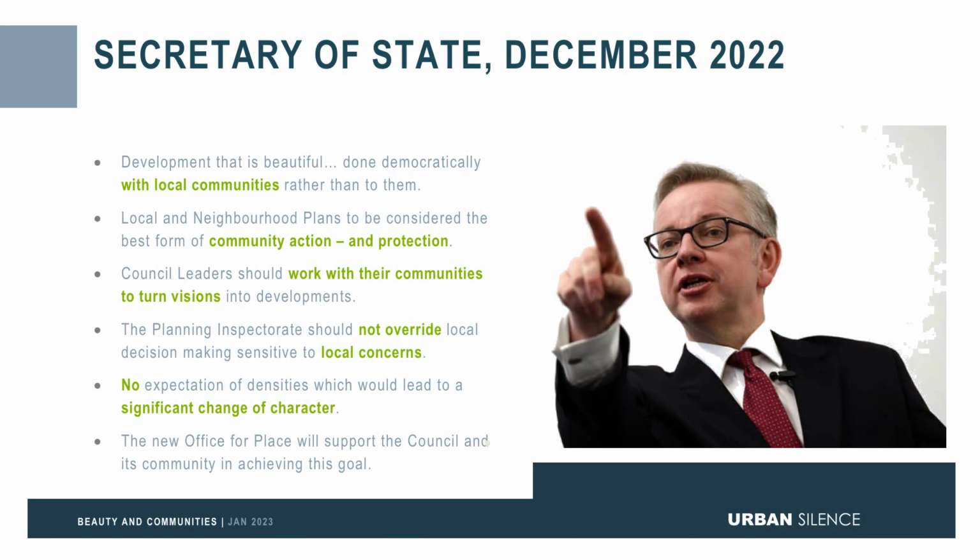The words there are that development that is beautiful needs to engage the community, it needs to be done with the community. It called for community action through neighborhood plans and local plans. It even said that the planning inspectorate, the top-down approach, should not override local concerns.